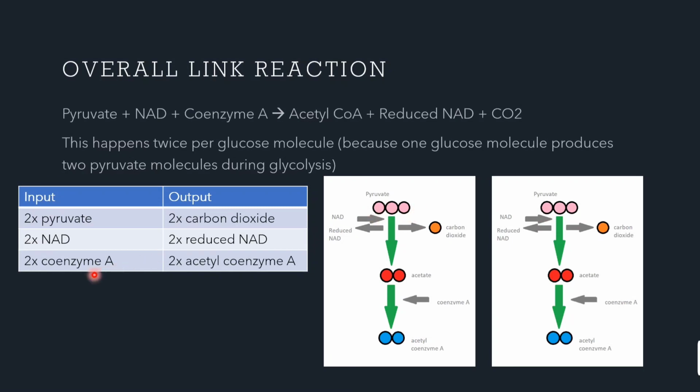And we have two coenzyme A because both of the acetates produced need to combine with coenzyme A. Our overall output is two carbon dioxide because each pyruvate loses one. And we have two reduced NAD because both of our NAD receive hydrogen, so become reduced. And we have two acetyl coenzyme A because both of our pyruvate are eventually converted into acetyl coenzyme A.